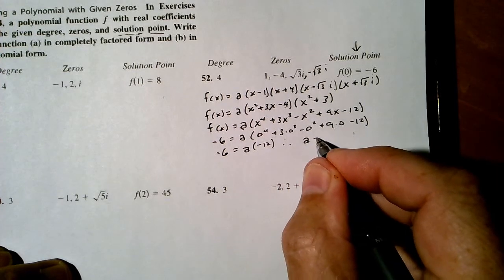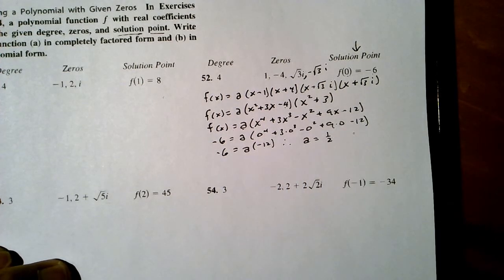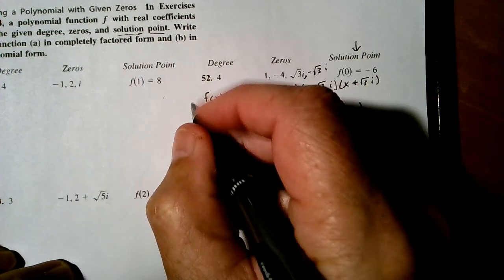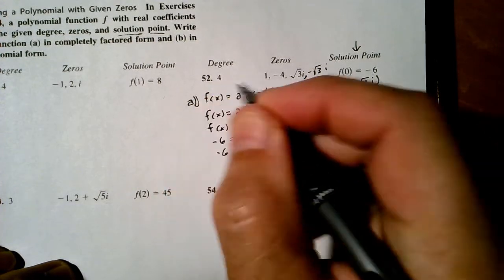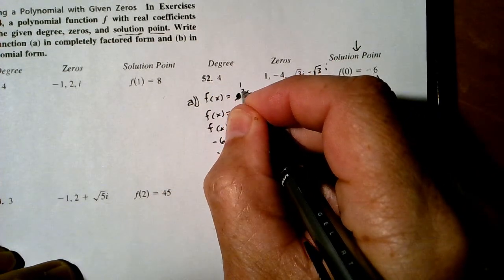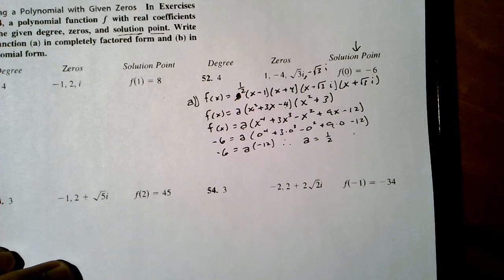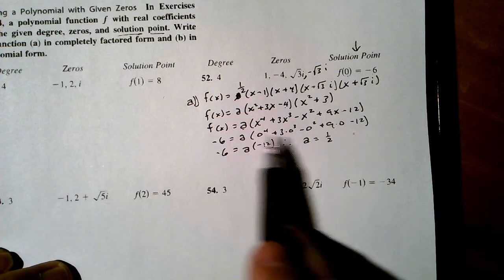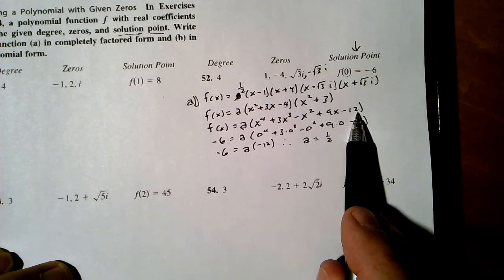Therefore, a is 1/2. So my final solution up here, completely factored form, I'll call this answer a, is just replace this with 1/2.